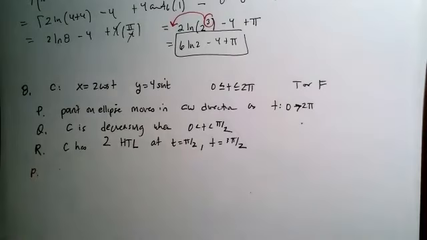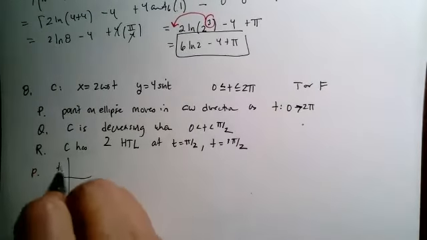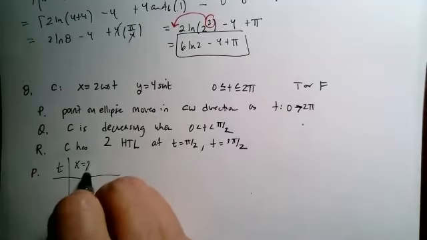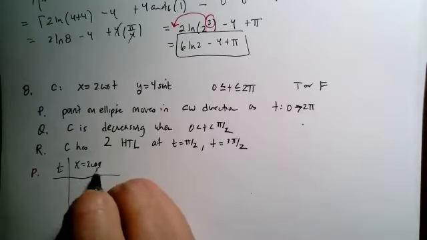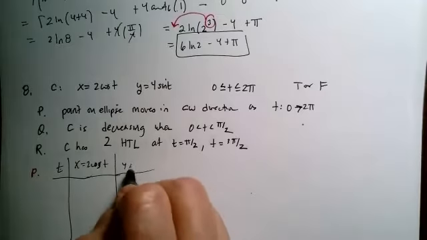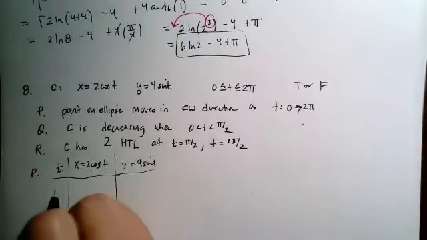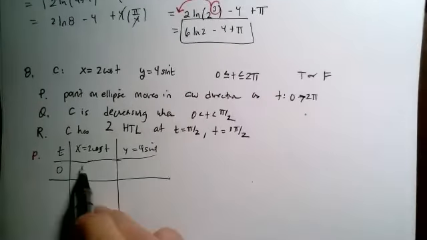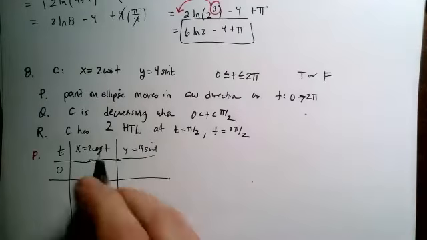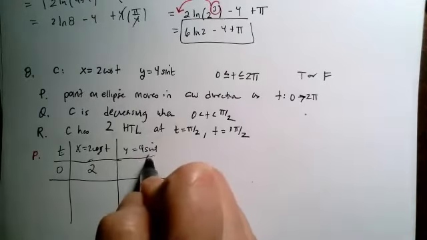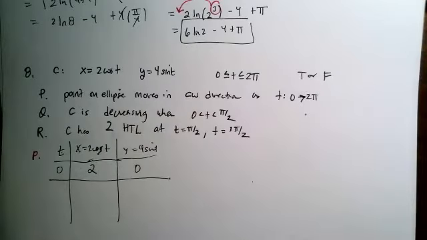The way I'm going to figure that out is to make a table for t, and then we have x is 2 times the cosine of t, and y is 4 times the sine of t. When t is equal to 0, cosine of 0 is 1, so we'll have 2. Sine of 0 is 0.